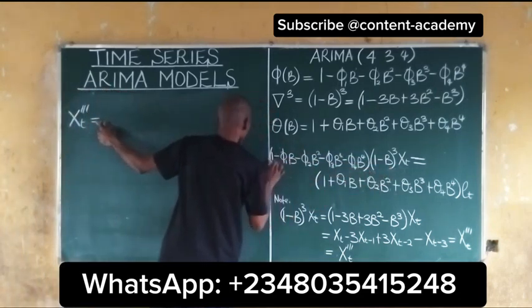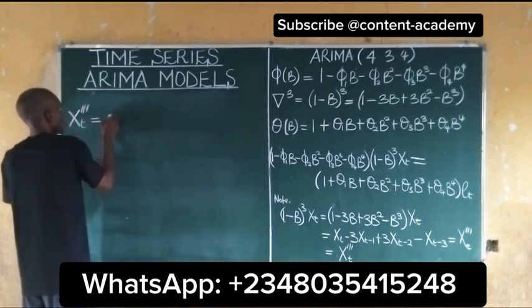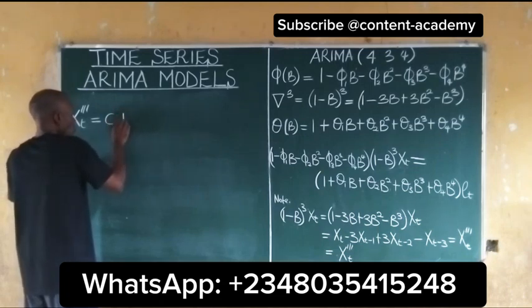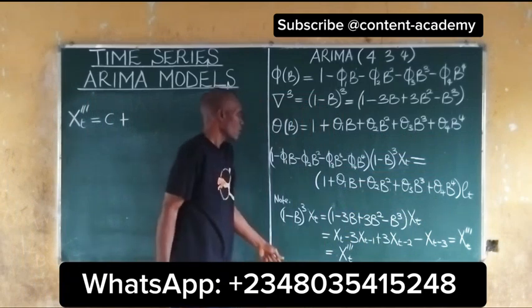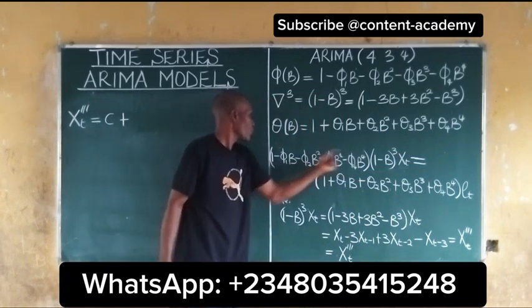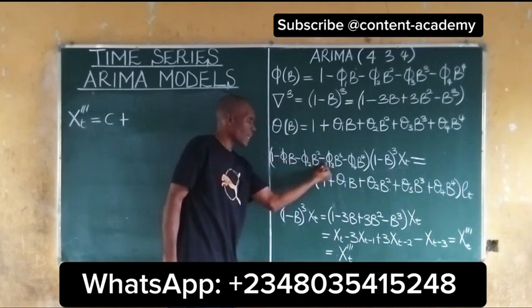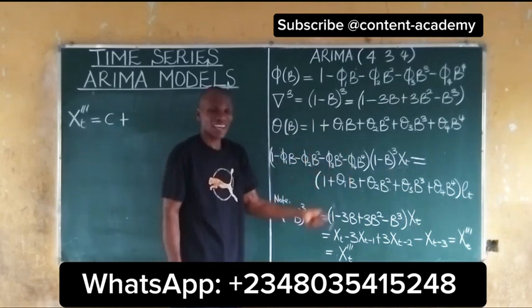So we have it to be the Xt multiplied by 1, we have our c, which is the constant, plus, since the whole of this is moving over to this other side of the equation, the negative sign will change to positive signs.